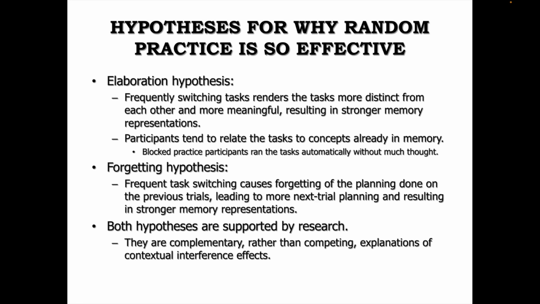Going through that process of trying to remember helps cement in our memories how we did the task previously, which in turn leads to better motor learning in the long run. Both the elaboration and forgetting hypotheses are supported by research. They complement each other, and they explain the effects of contextual interference on learning.